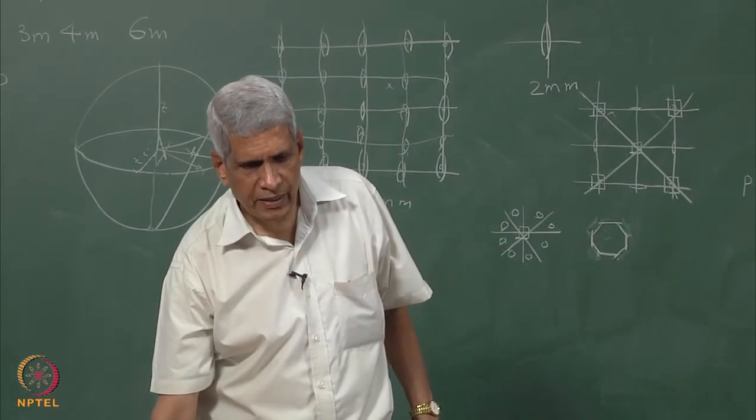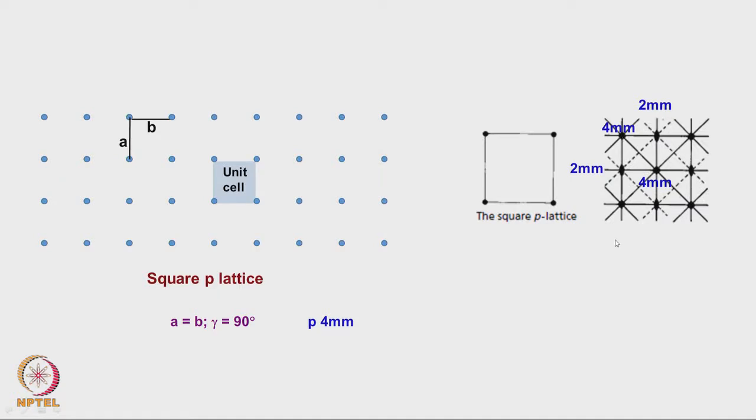In this lattice, an atom could be kept at the lattice points, or at the middle of each of these lattice translation vector sites, or at the center of the unit cell, or at any point here. So there are many possibilities, or on these mirror planes we could keep it.